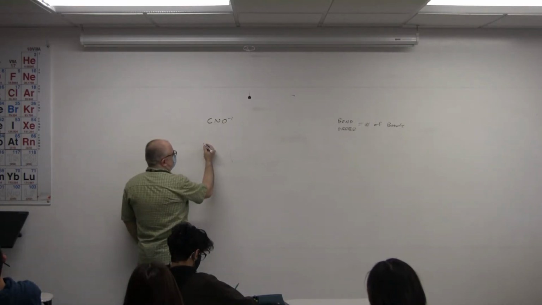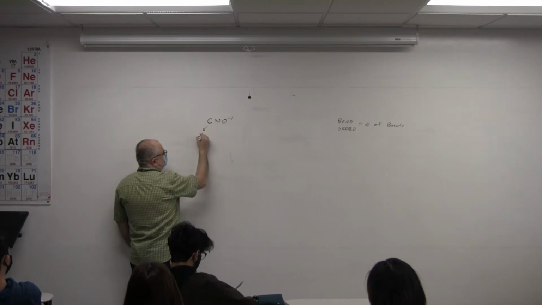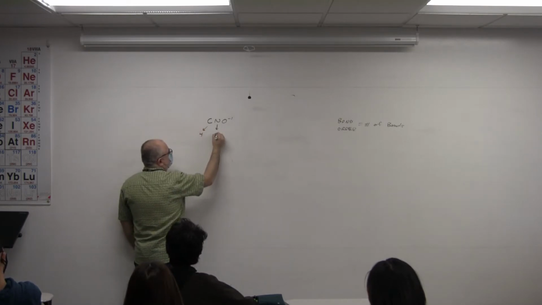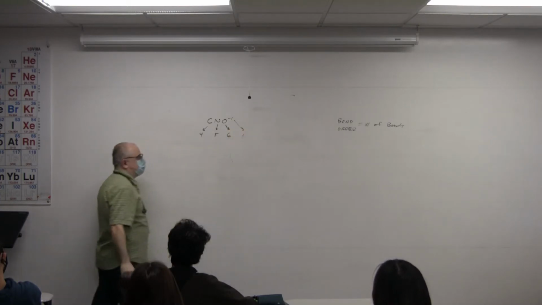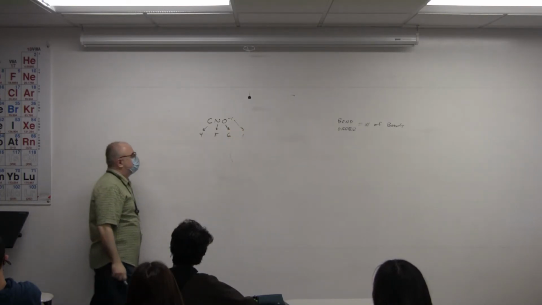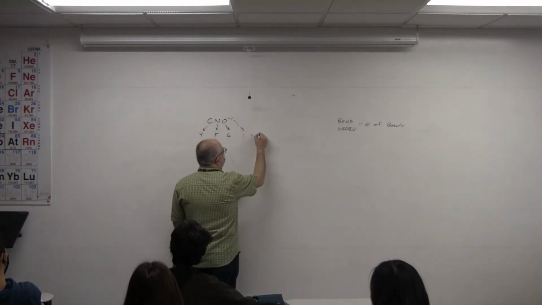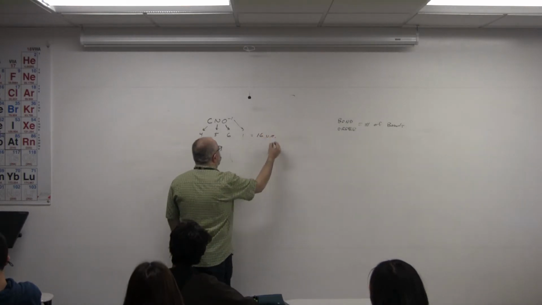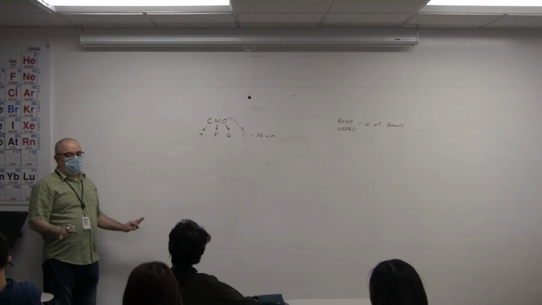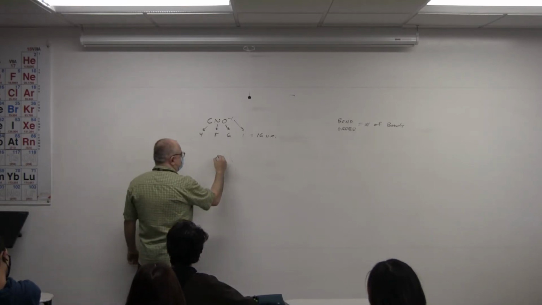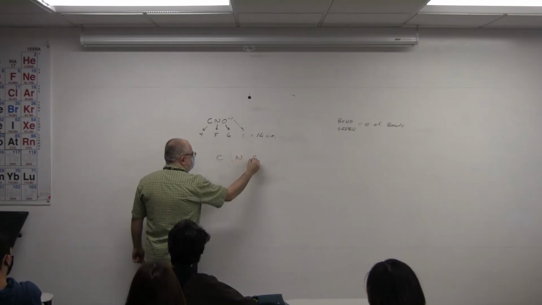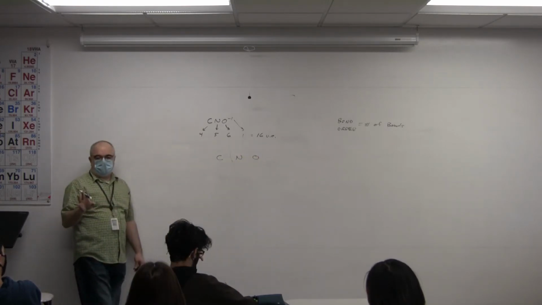So going through the same process, carbon has 4 valence electrons, the nitrogen has 5, the oxygen has 6, and then the negative charge adds an extra one for a total of, I believe, 16. Now, I'm going to leave the atoms in the order they are currently, and go through the same process I did a moment ago.